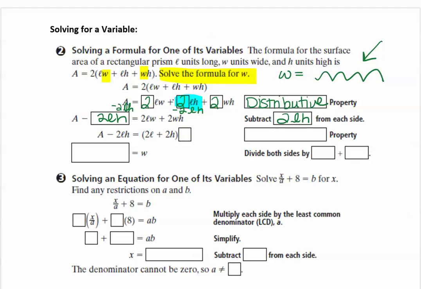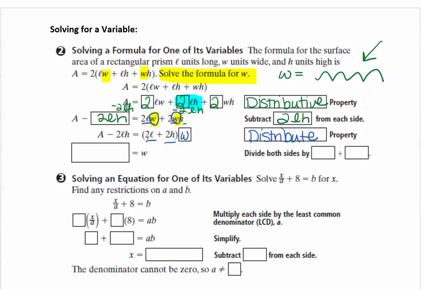Now we only have the W things on one side. We have L and H's and 2's, but what's going to be easy now is we're going to factor, or kind of do the opposite of the distributive property. You could think of this as the distributive property, but you may also think of it as factoring, where we're taking this W out and we're left with 2L and 2H.